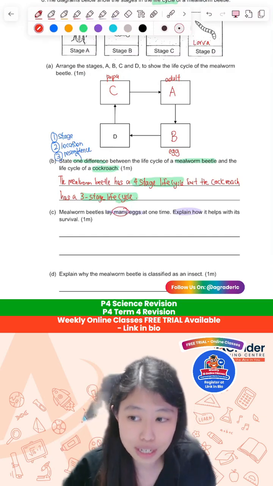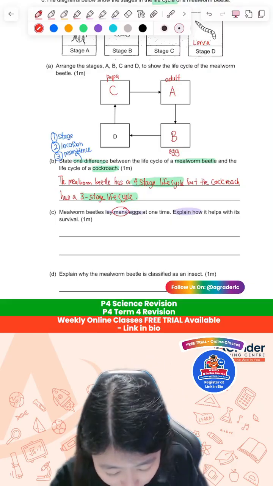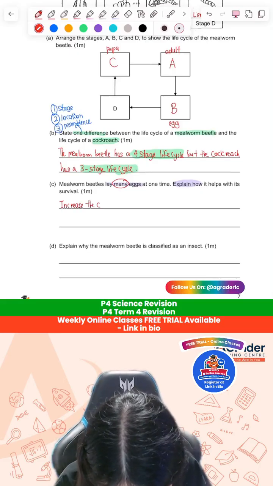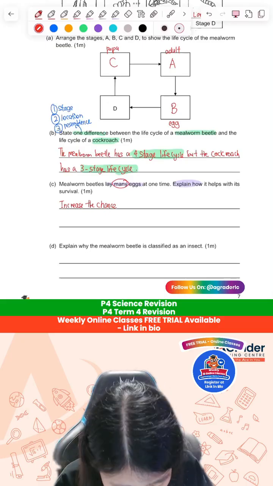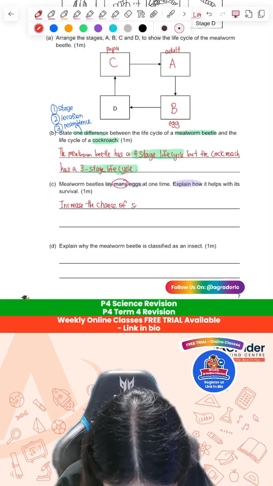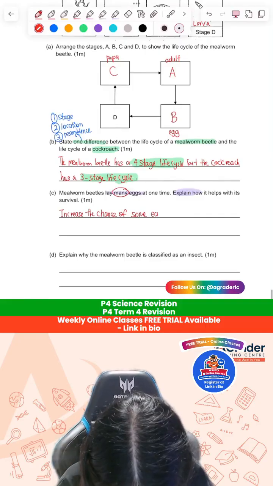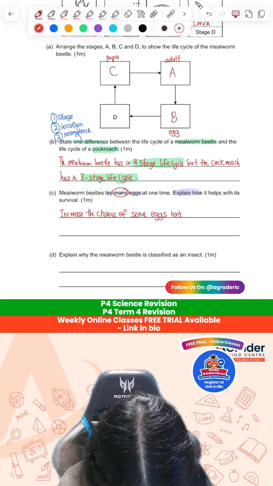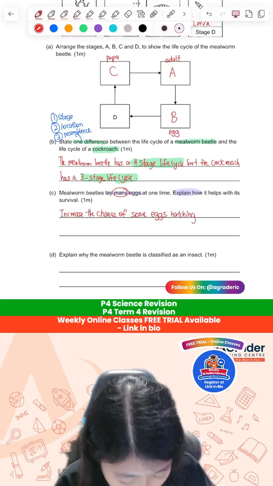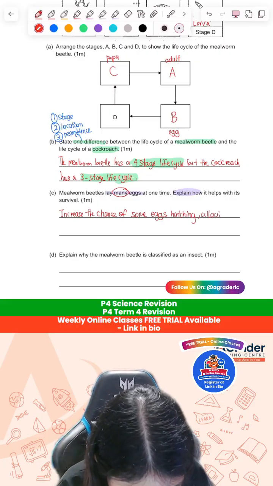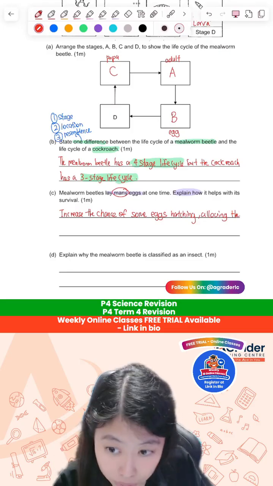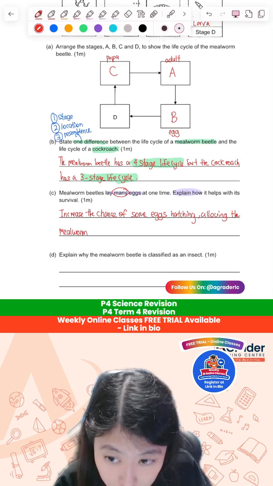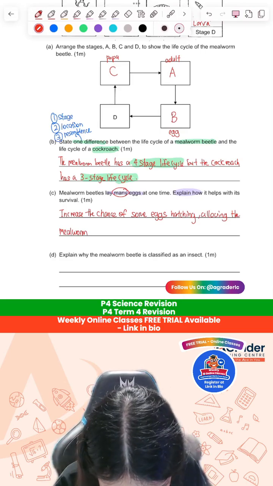So for this, why must it lay many eggs at a time? It is to increase the chance of some eggs hatching, allowing the mealworm beetle to grow into an adult.